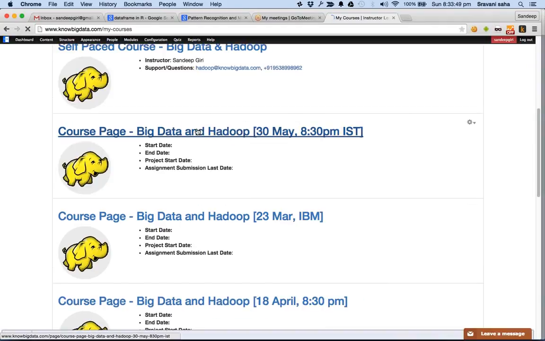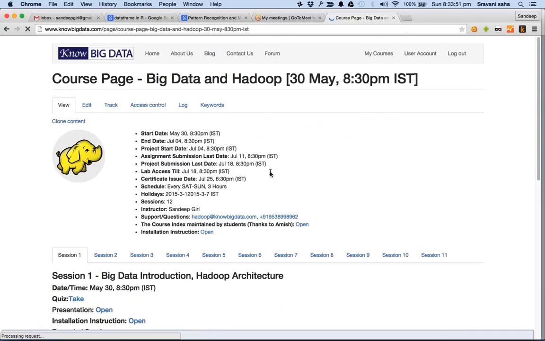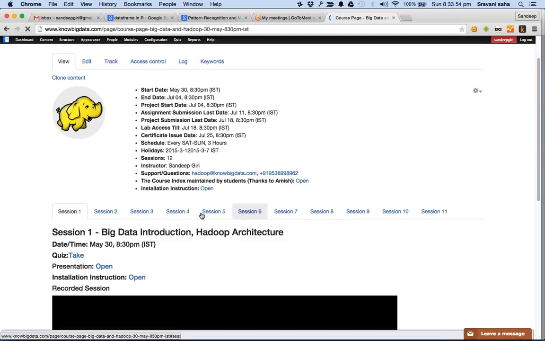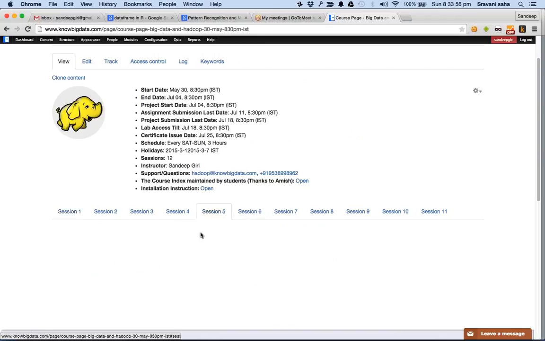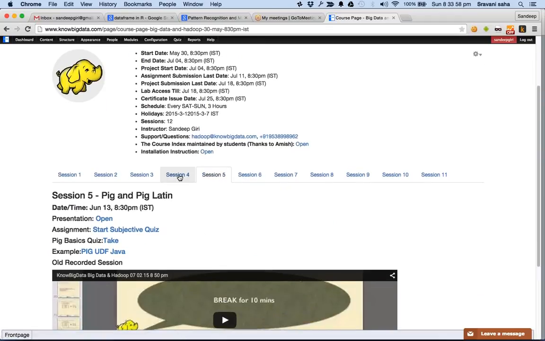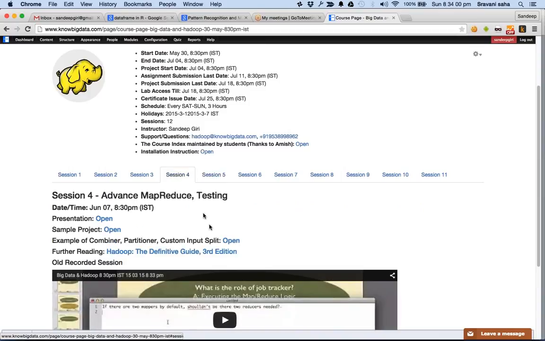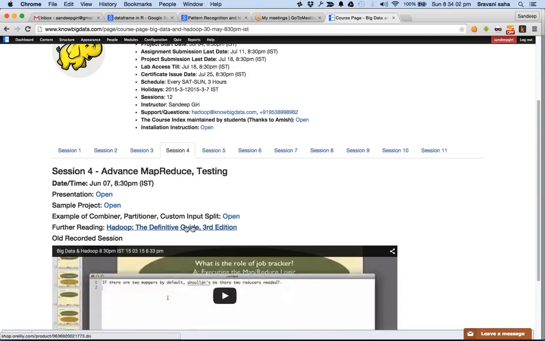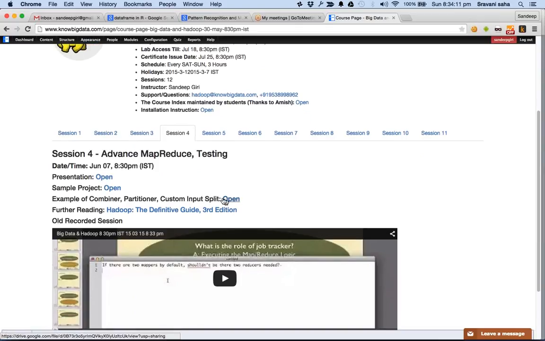I have set up an example for you. In session number 4, you can see that there is MapReduce testing. There are two projects.